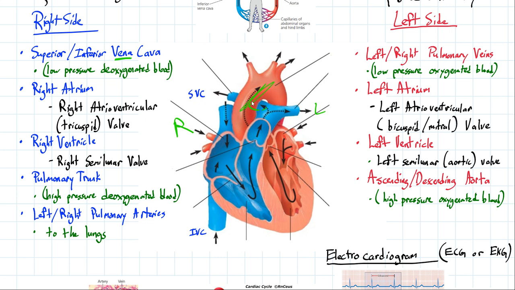So blood is under high pressure in the aorta, in the pulmonary trunk, in the pulmonary arteries, but in all of the veins, like the vena cava, superior vena cava, inferior vena cava, your right pulmonary veins and your left pulmonary veins, that blood would all be under low pressure. So arteries can carry oxygenated or deoxygenated blood, but what they always do is carry high pressure blood away from the heart.